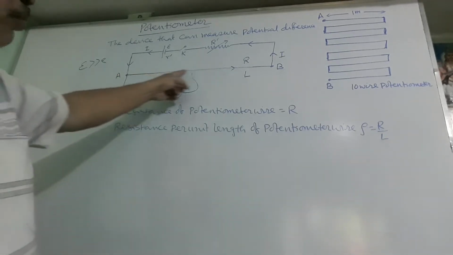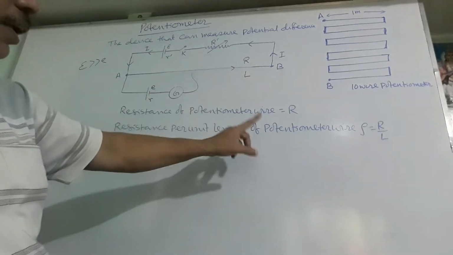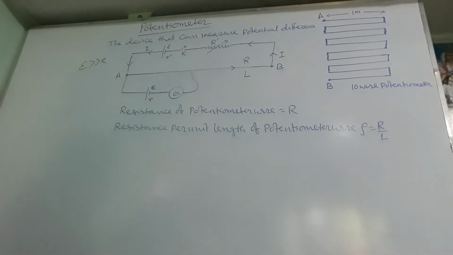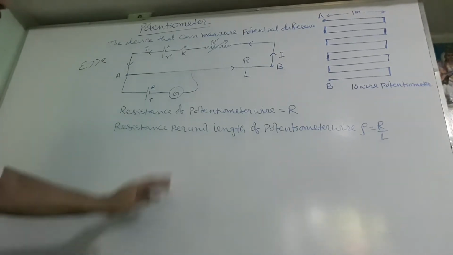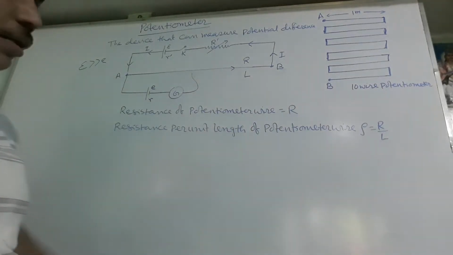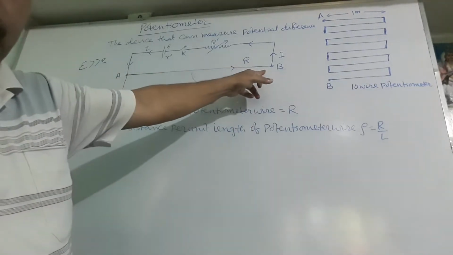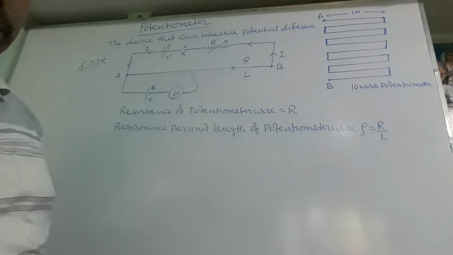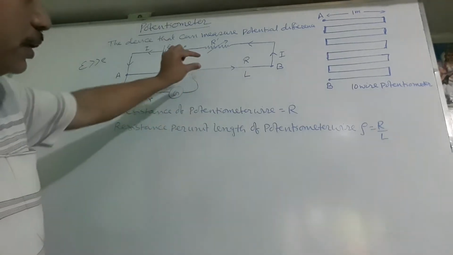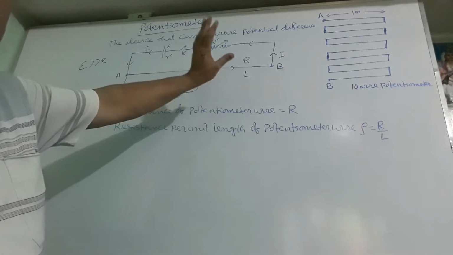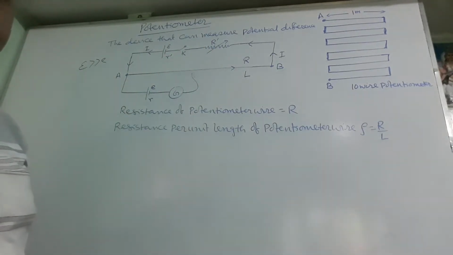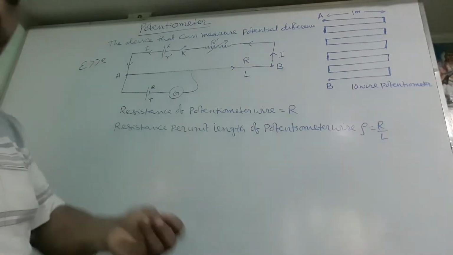Suppose the length of this potentiometer wire is L, capital L, maybe 1 meter, maybe 10 meters, whatever it is, and the resistance of this wire is R. This wire, which we call a resistance wire, is not a connecting wire, meaning it is not a copper wire. This wire is of manganin or Eureka or constantan, which has some resistance. Generally we use wire of about 4 ohm per meter.